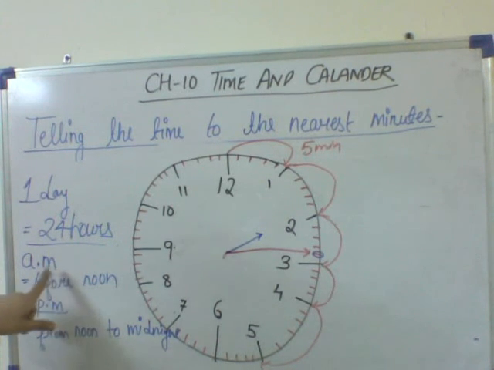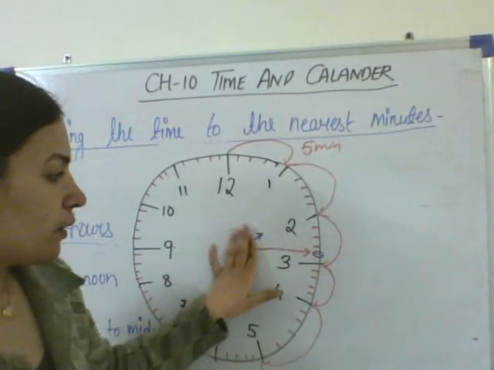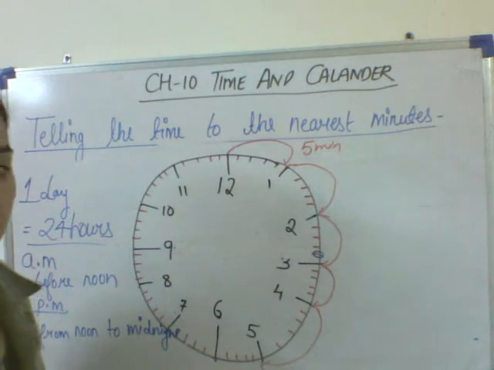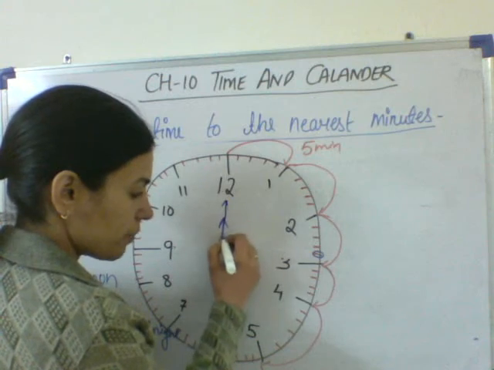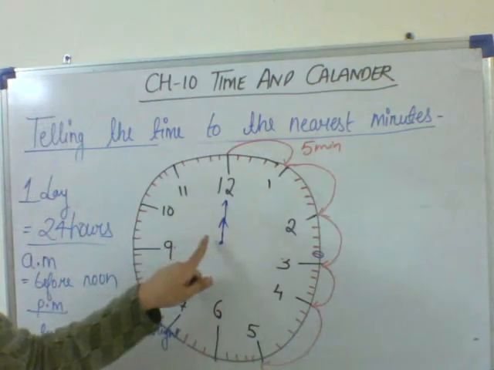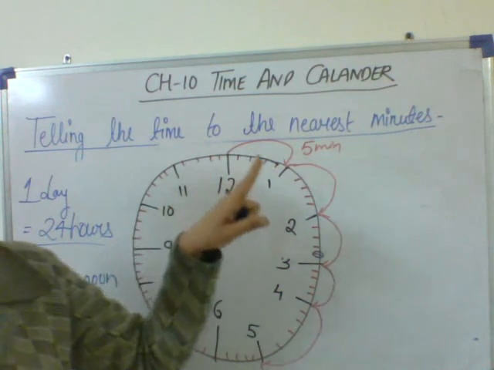So AM stands for the time from 12 midnight to 12 noon. We will be using AM from the 12 when both the hour and the minute hand are at the 12. So AM we use from 12 midnight to 12 noon.